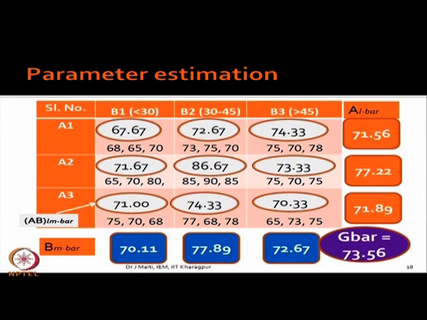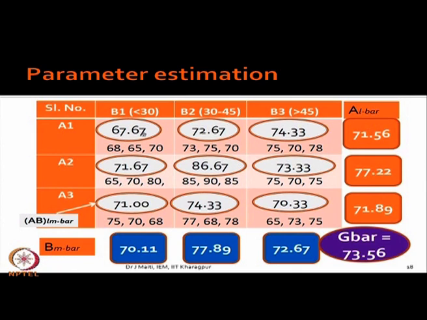So, you see that this calculation we have done like this. So, this is our 71.56, this AL bar. If you subtract this minus this, you will be getting the tau 1, 77.22 minus this tau 2, 71.89 minus this tau 3. Similarly, beta 1, beta 2, beta 3. Similarly, you will be getting tau beta 1 1, tau beta 1 2, tau beta 1 3.